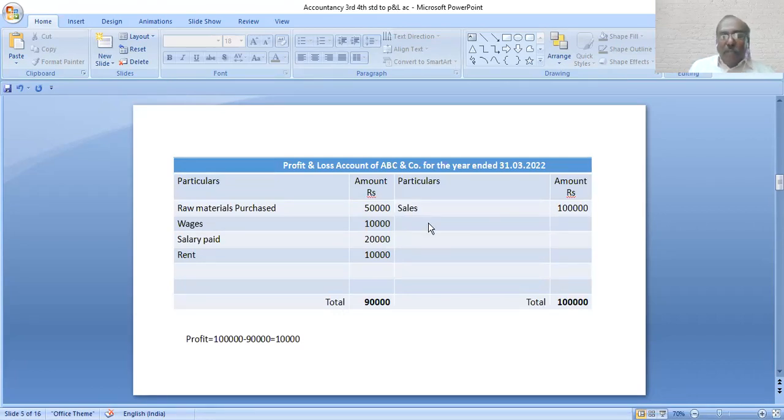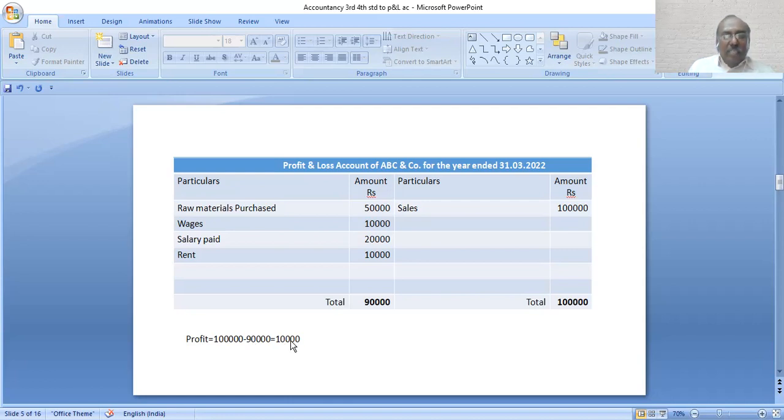On one side we write all income related information, and on the other side all expenses related information. Sales 1 lakh, whereas expenses are raw material, wages, salary, rent. This comes to a total of 90,000, whereas sales is 1 lakh. When we total both sides, 1 lakh minus 90,000, 10,000 is the profit.